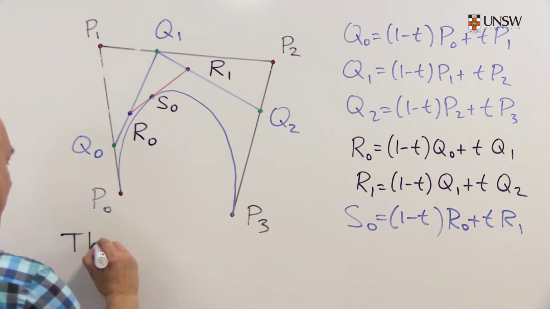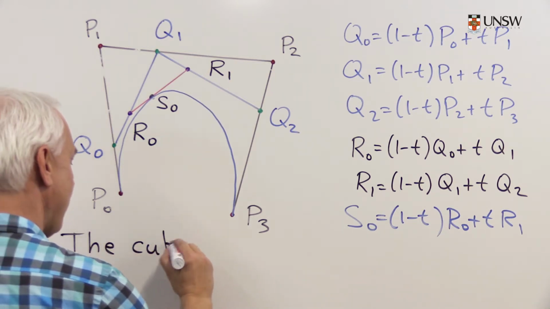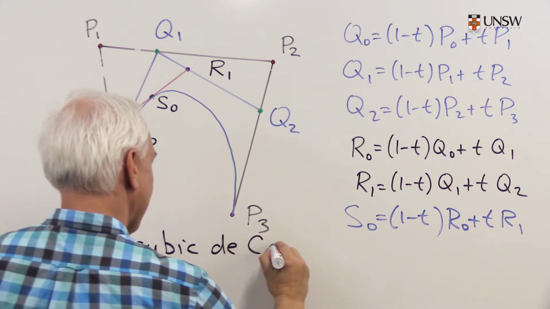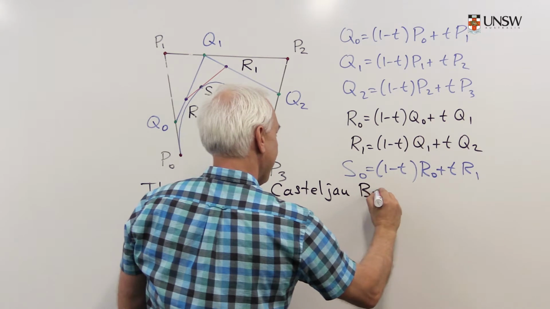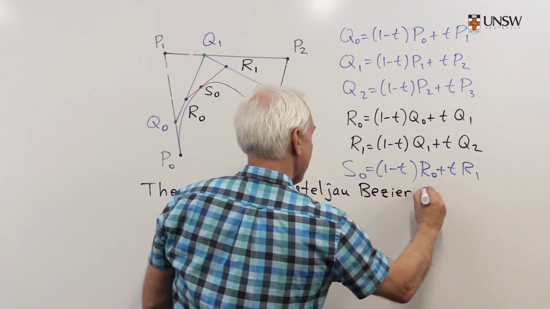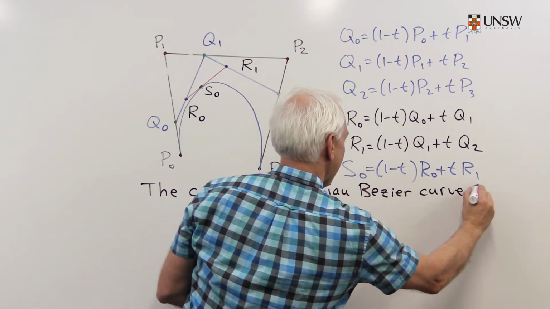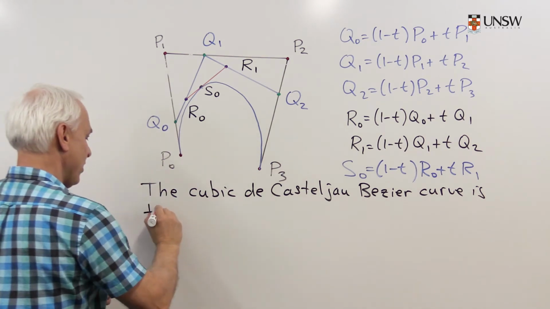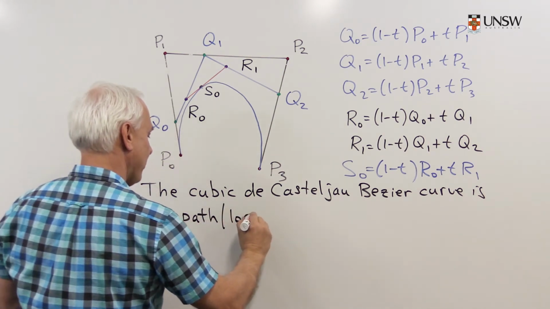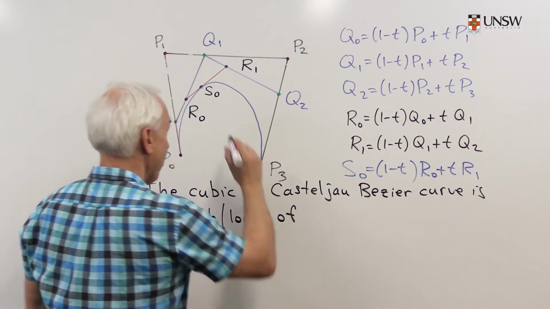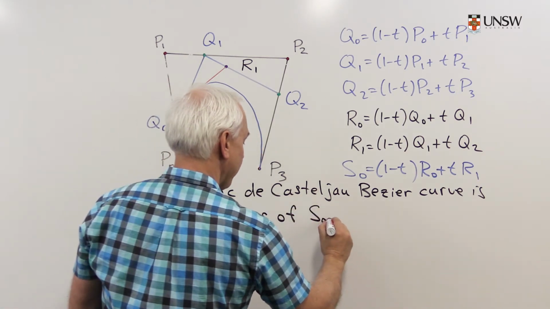So the cubic de Casteljau Bezier curve is the path or locus of our point S0.